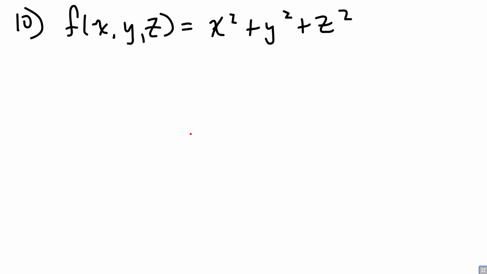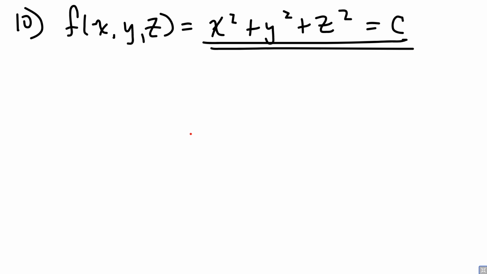Okay, so if I look at this, we're going to do level surfaces, so we're saying this is equal to c. So really, this is just the blanket equation for a sphere.